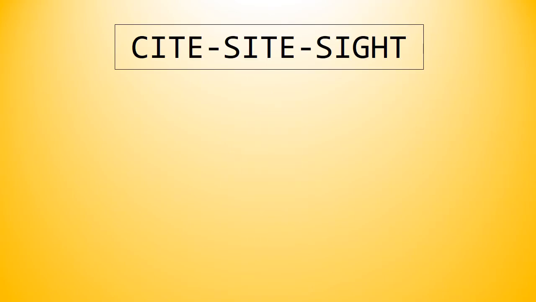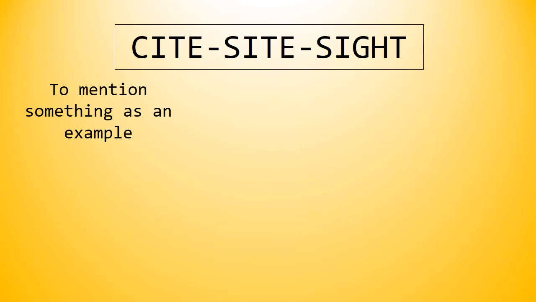Our next word in the homophone list is sight. CITE, SITE and SIGHT. Let's see what these words stand for. CITE means to bring someone's attention to a fact when giving an example, and it is also used to provide complete information about the source.